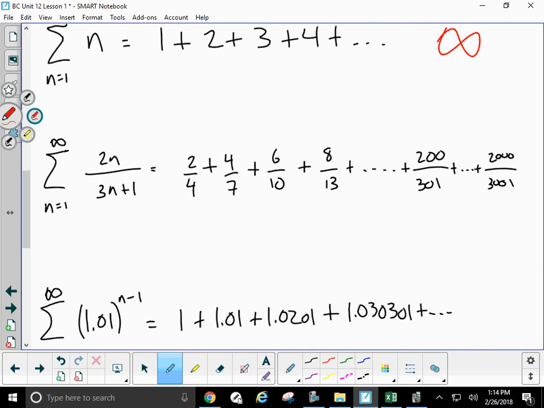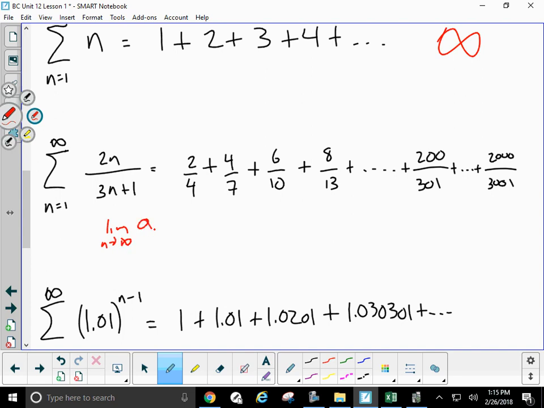But explain why this one we know is not going to converge towards a number. So it looks like the values that are being added are converging kind of to 2/3. So you're going to keep adding closer and closer to 2/3. And if you keep adding 2/3, you're just going to keep adding. It's not going to go to specific values.